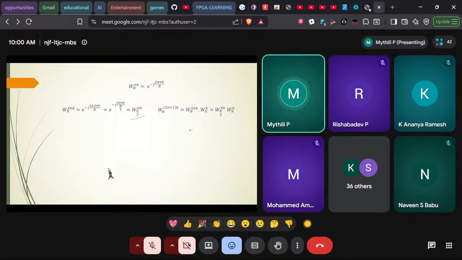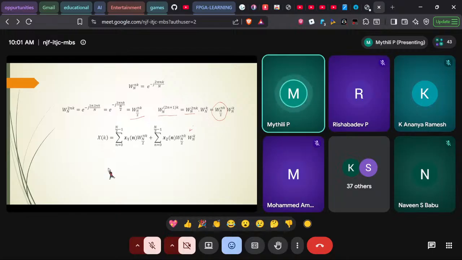Now the second part, W_N of 2n plus 1 into k. They are exponentials. When there is a sum in the exponent, it is a product. Okay, so we can directly write this as W_N of 2nk into W_N of k. We already know W_N of 2nk can be written as W_N by 2 of nk.